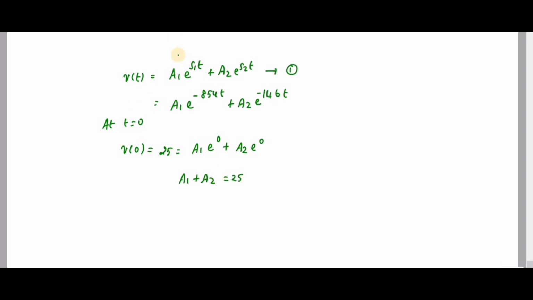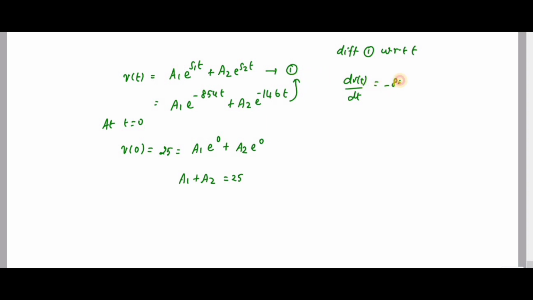So differentiate the first equation with respect to t. Okay, so if I differentiate the first equation with respect to t, dV by dt is equal to S1 A1. So here I can take this as the first equation.